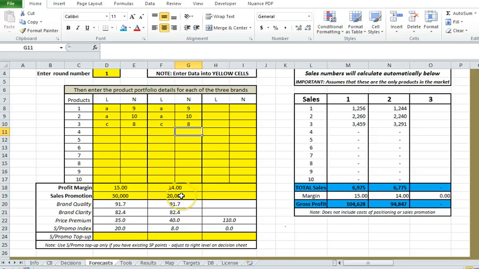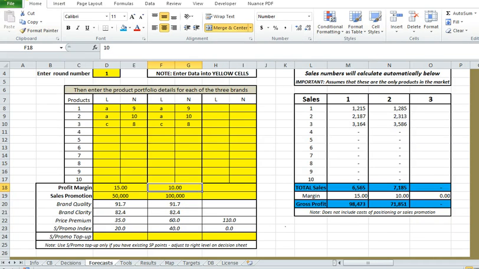Okay, so let's say we changed that and we went 100,000. Okay, and we changed price to 10. Okay, so suddenly we've got a fairly decent increase. Okay, but obviously this is quite expensive and we're reducing our margin. So again, we've got to weigh up whether that's worthwhile or not.